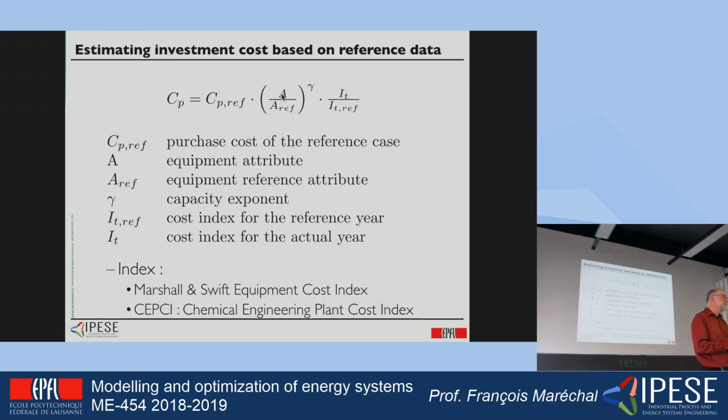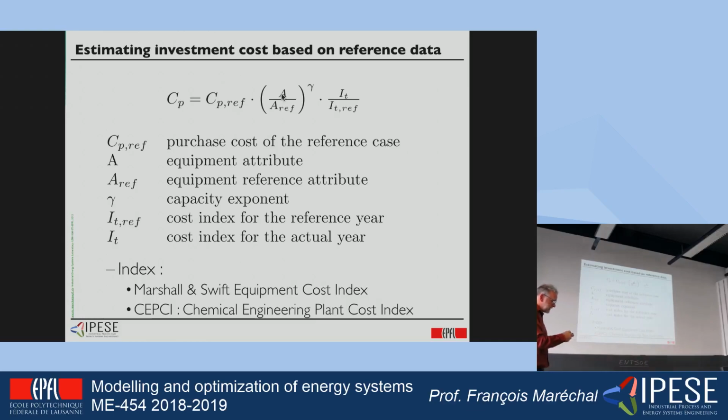This is a typical rule, mainly from the mechanical and chemical industry: if you have to buy a very big gas turbine, per kilowatt it will be cheaper than a very small one, especially because the time to make the engineering will be the same for a very big one or a very small one. So it costs more to make a small one than a big one per unit of installed power.